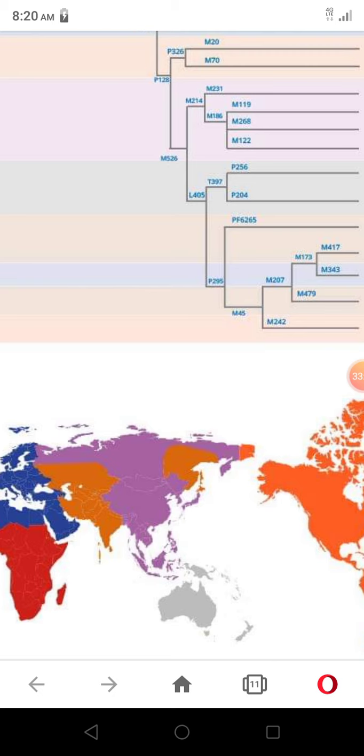So when you get into a lot of this information, you start to find out, wait a minute, you mean there's also a dark group of Caucasian people? Yes.